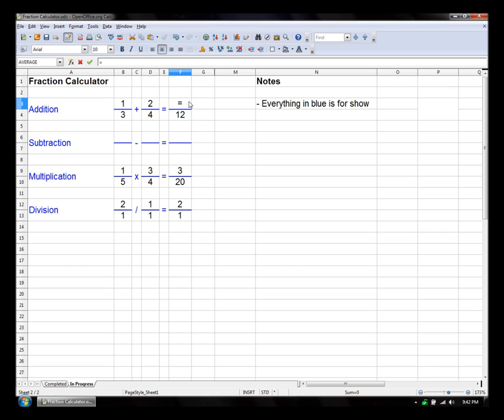So this is going to actually be a two-part equation, and I'm going to start by entering the parentheses and then going back. So it's going to be numerator of the first number times the denominator of the second number, and then the opposite of that for the next one.